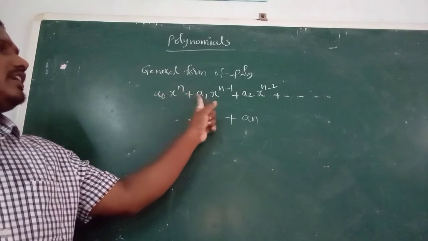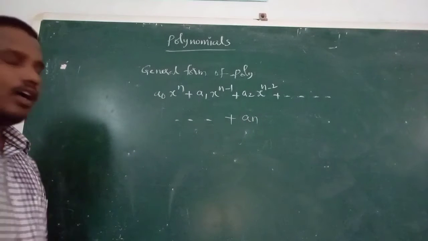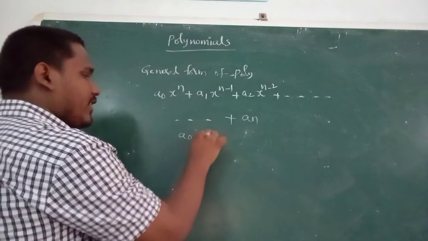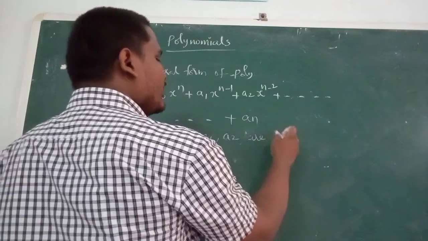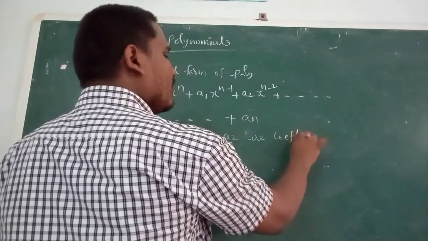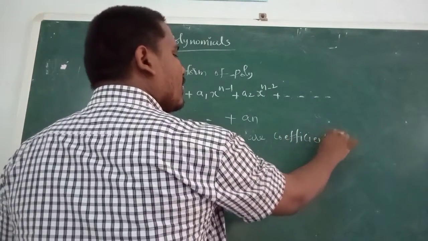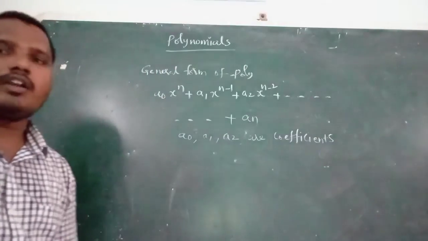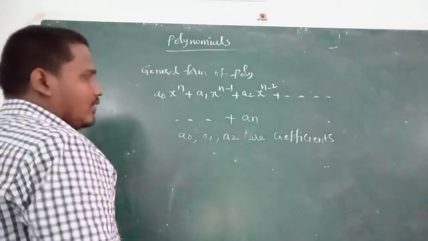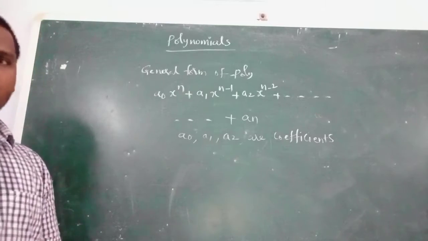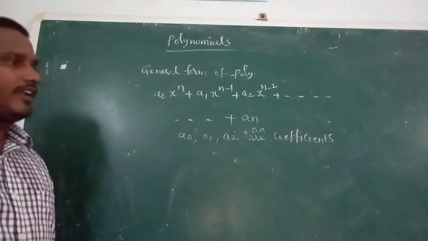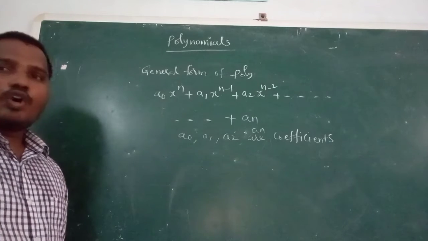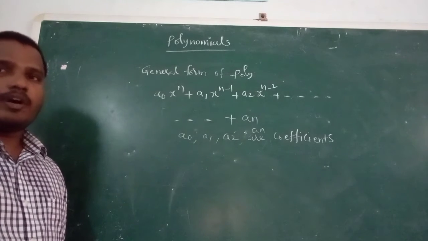Here a naught, a1, a2 and so on are the coefficients of a given polynomial.